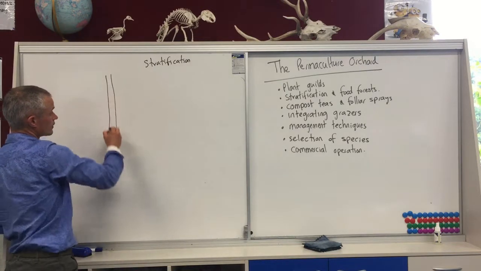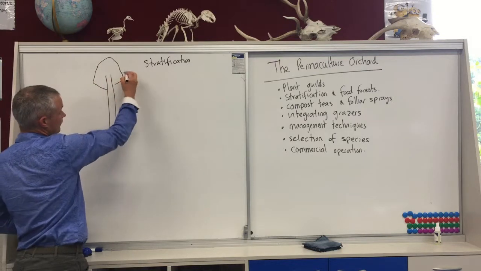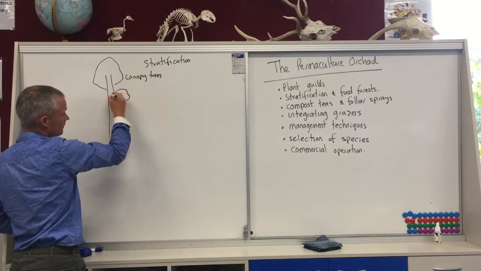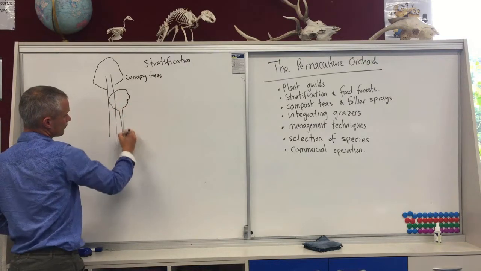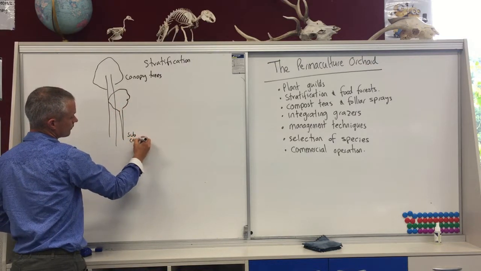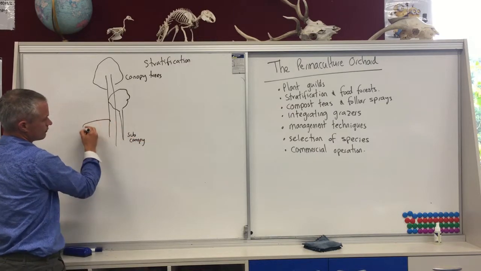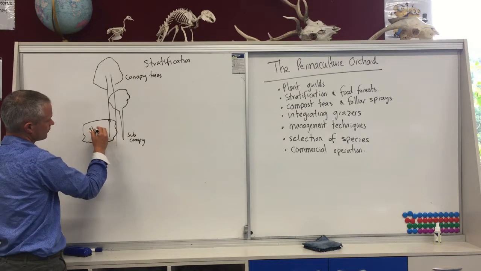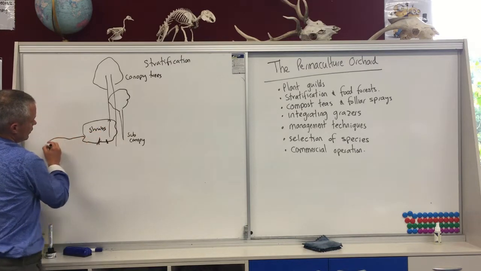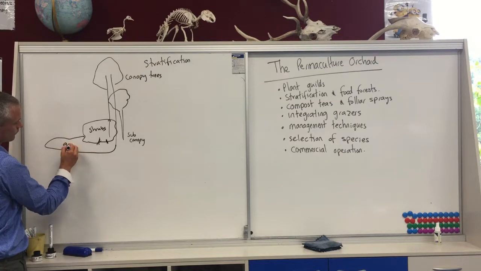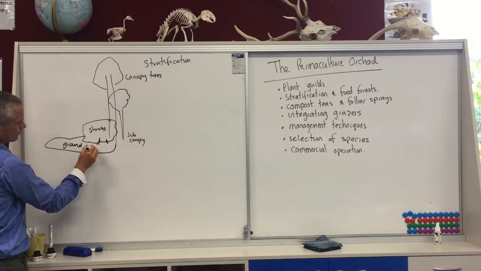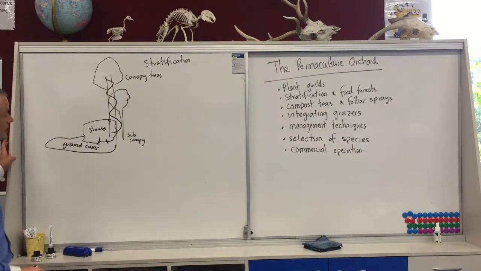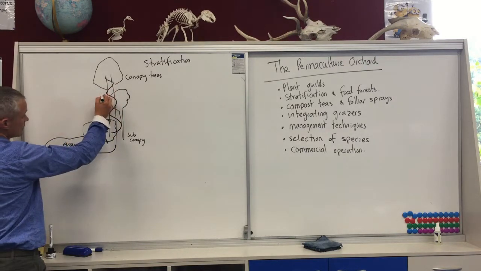So the layers of a forest are the canopy trees and the sub-canopy trees, and you've got shrubs often in that system. You've got ground cover. There's vines often trellised up the bigger trees.